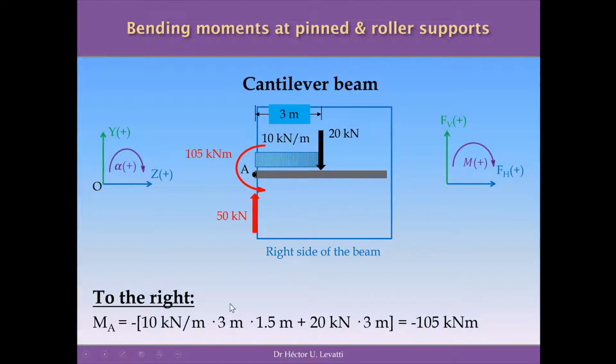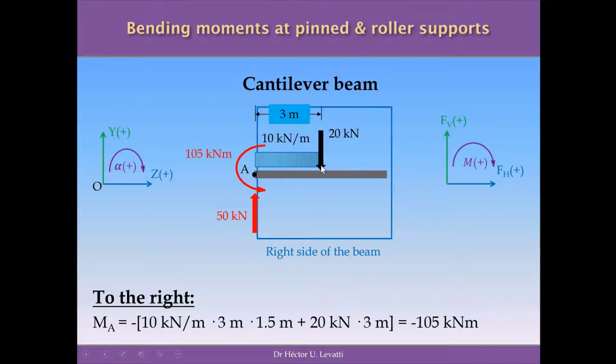So we write the equation for the right side of the structure. We start with a minus because the definition says with the opposite sign. We put the minus, open the brackets, and we have 10 kilonewtons per meter multiplied by 3 meters, the whole UDL, multiplied by 1.5 meters, which is the distance from the equivalent load in the middle to point A. This is the positive moment produced by the UDL on the right side of the structure.